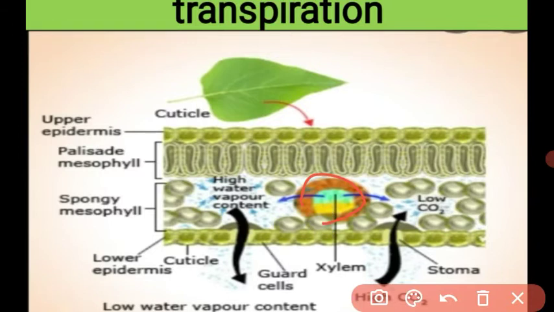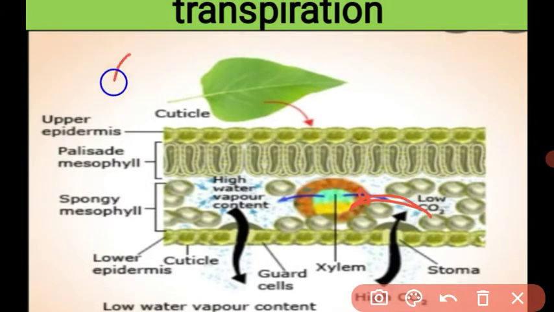The xylem tissue brings the water from the soil and transports it to the parts of the leaf. Imbibition, osmosis: what is the process? In this process, the water is transferred from higher concentration to lower concentration.